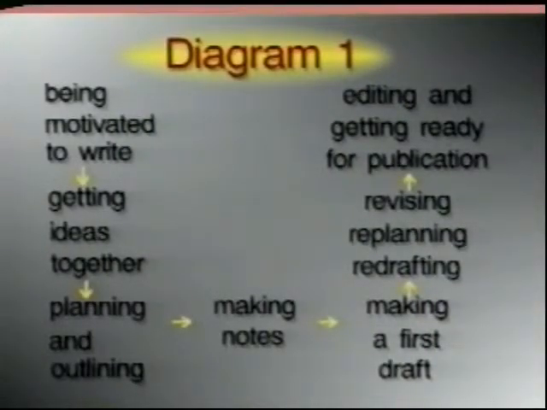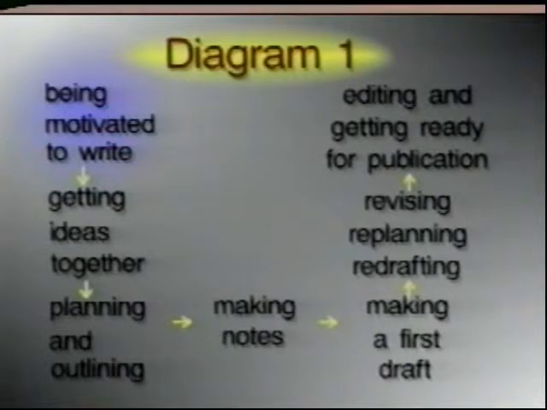The first diagram shows the general stages in the process of writing, namely, being motivated to write, getting ideas together, planning and outlining, making notes, making a first draft, revising, planning, redrafting and editing, and getting ready for publication.